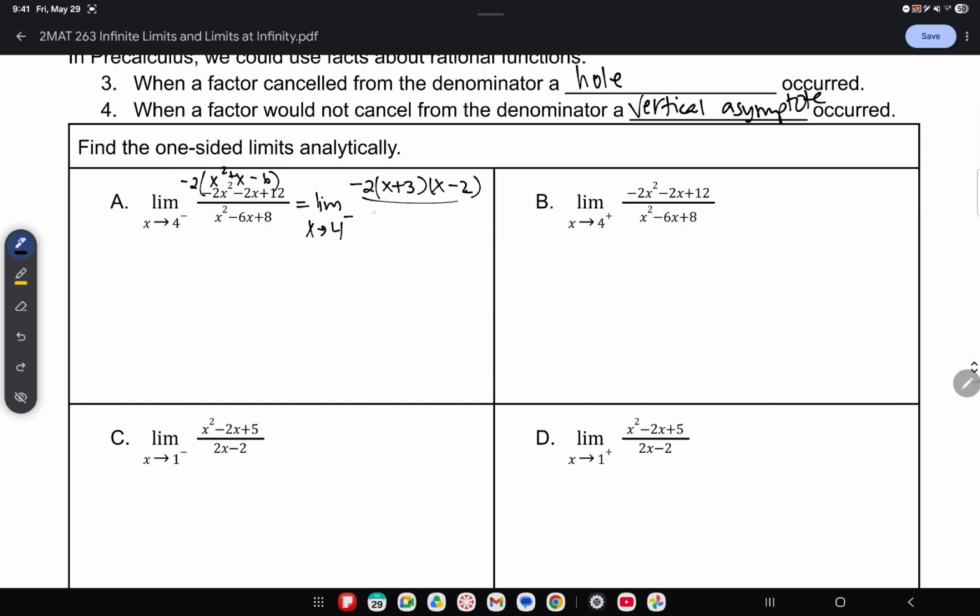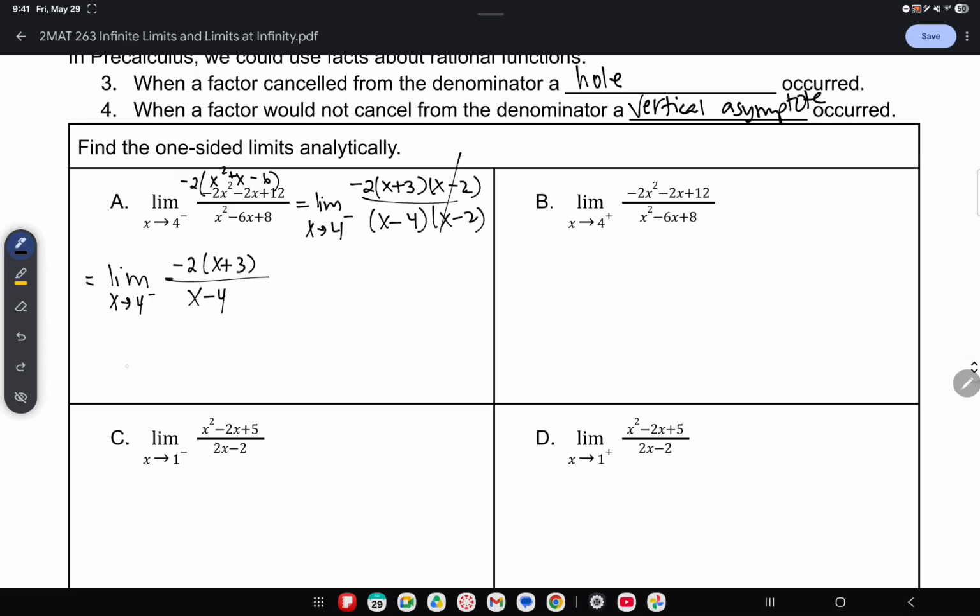And then in the bottom, I could factor that to be (x minus 4)(x minus 2). So I could cancel out the factor of x minus 2. So there's a hole in the graph at 2. But I'm left with a factor of x minus 4 in the denominator. So there's a vertical asymptote at x equals 4.